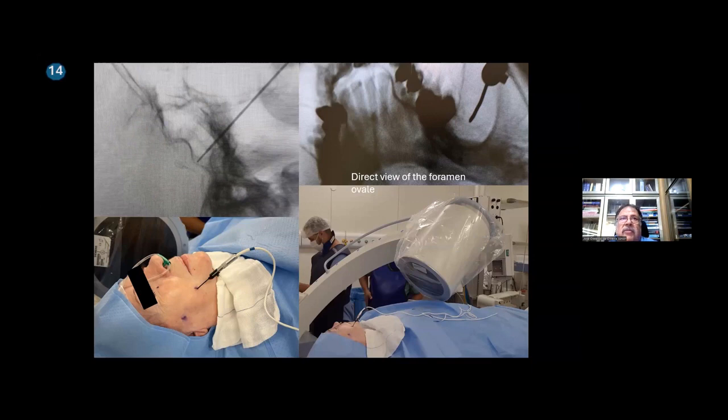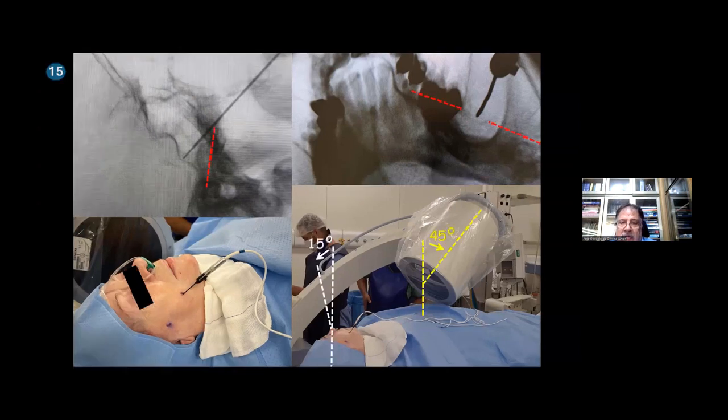The submental view with slight rotation to the side opposite to the pain allowed direct visualization of the foramen and reduced difficulties in identification and puncture. We use this parameter to find the correct localization.